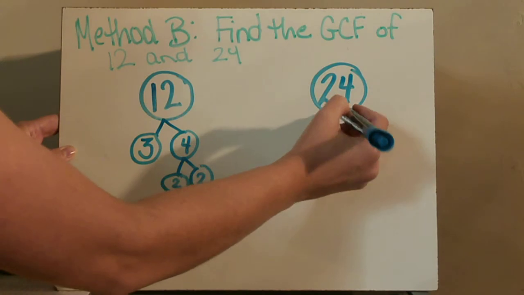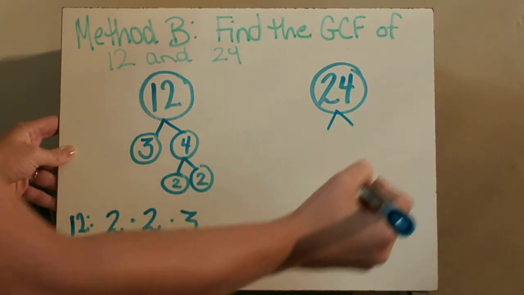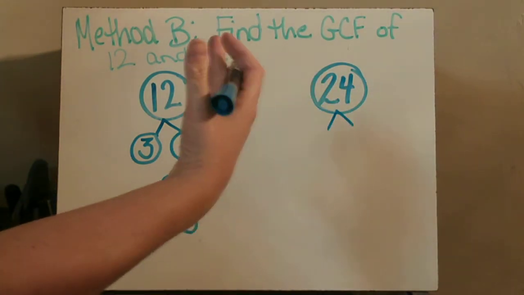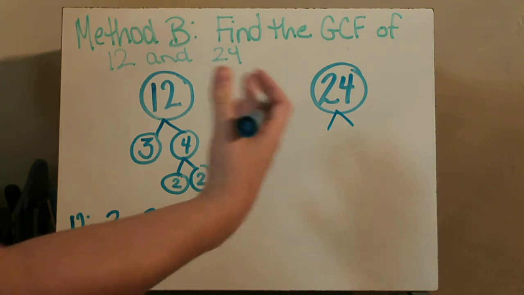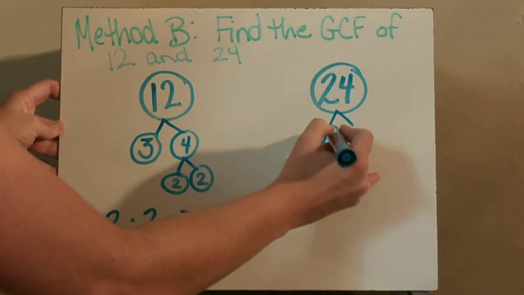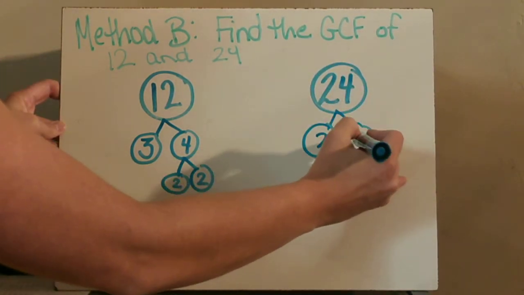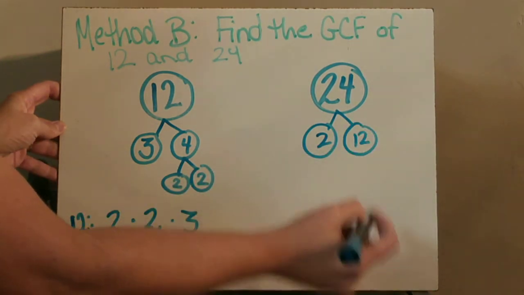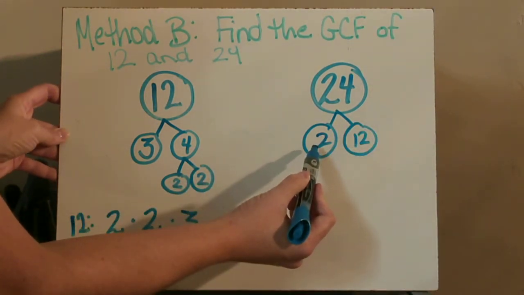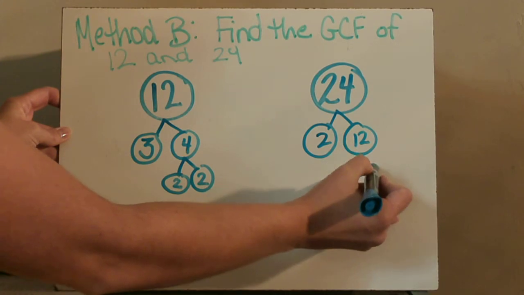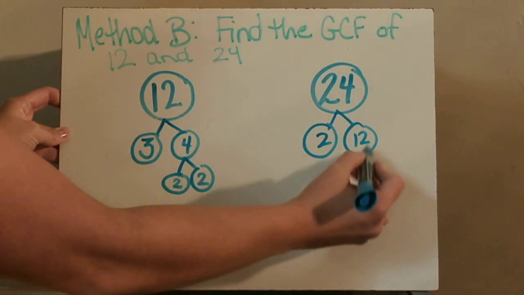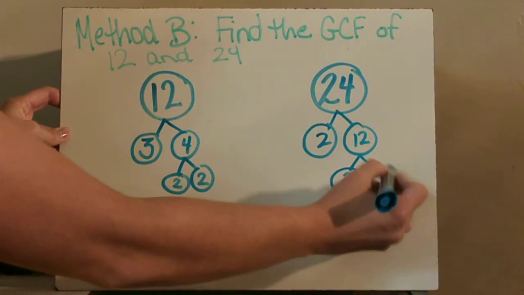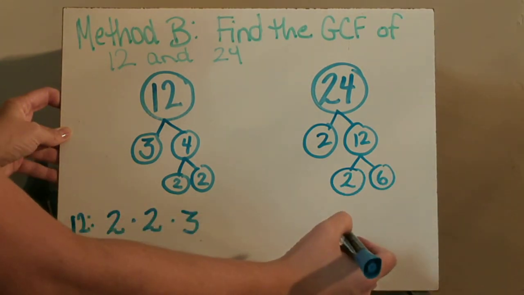Alright, so for 24, we had several different ways, factors that we can multiply together to get 24. I'm going to use 2 and 12. So 2 times 12. So 2 is a prime. I cannot go any further. So I can branch off of 12 because 12 is 2 times 6. Okay?